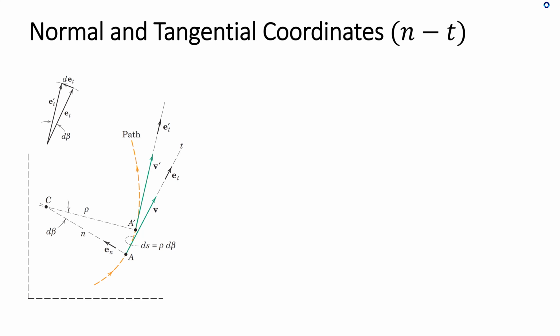But we just want to control the velocity along the longitudinal or lateral direction of that mobile robot or car. The NT coordinate is useful in that application.